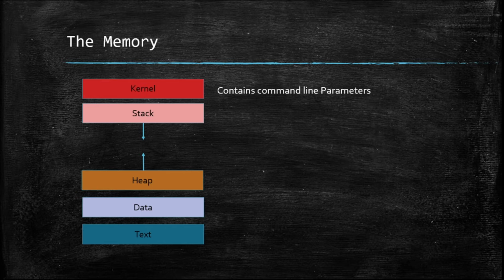Now, the kernel contains command line parameters. So this is the section storing command line parameters that we pass to the program, and the environment variables. Now, the stack contains the local variables for each of the functions.